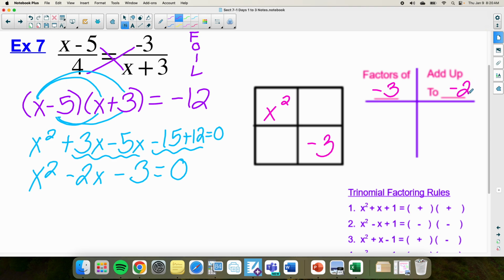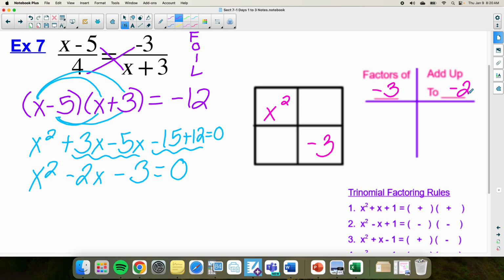And remember what I said yesterday, if you get to a problem and you can't factor it, that if you've exhausted all of this, then go back here, because you probably made a mistake in your foiling or combining like terms. Can you guys think of 2 factors of a negative 3 that add up to negative 2?